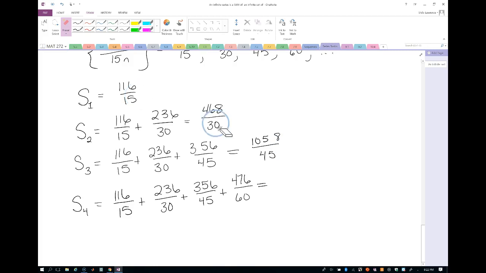We had 15 times 2 is 30, 15 times 3 is 45, 15 times 4 should be 60, and if we try to get a whole number there for the numerator, it actually does not work.